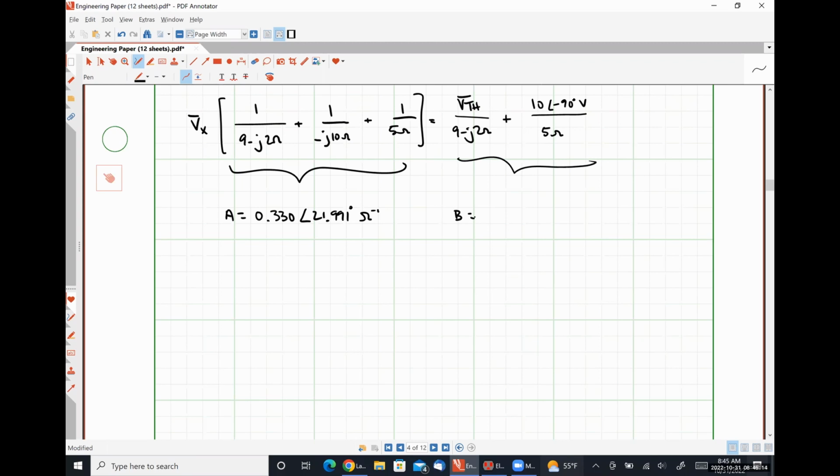Storing that as A. On the right-hand side, I have VTH, which I have stored in my calculator, over 9 minus J2 plus 10 angle negative 90 over 5. Storing this as B.